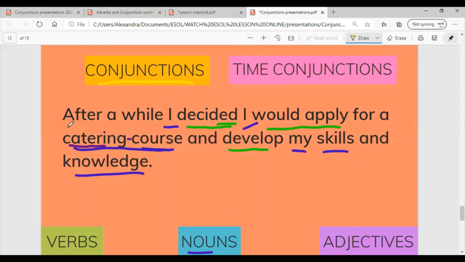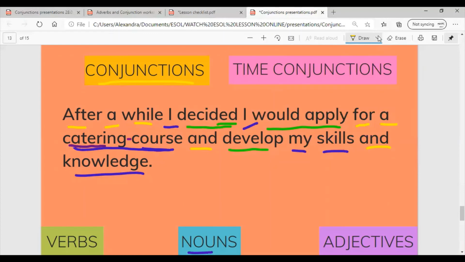So here we go, we have after a while I decided I would apply for a catering course and develop my skills and knowledge. So here we go, we found our conjunctions. These are all our connective words, as they are all connecting the sentence together, and they now make sure that the sentence makes sense.